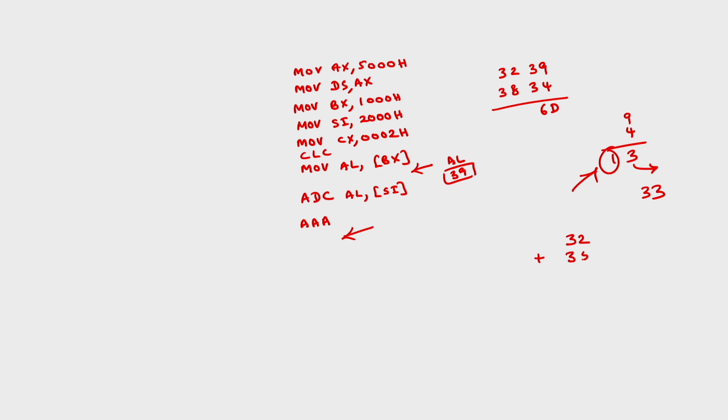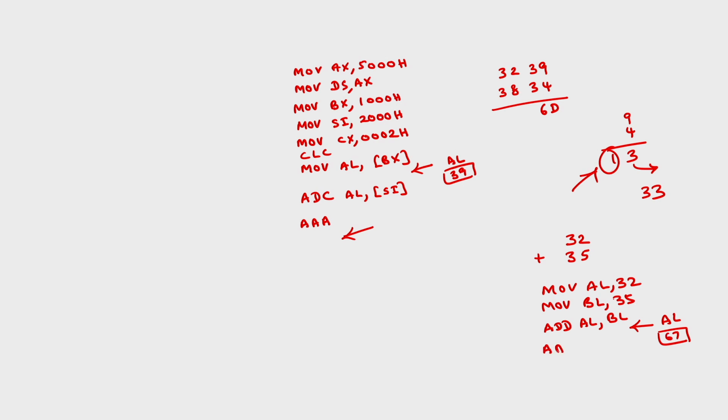If I want to add these two, move AL comma 32, move BL comma 35, add AL comma BL. So what will be there in AL here? 67.